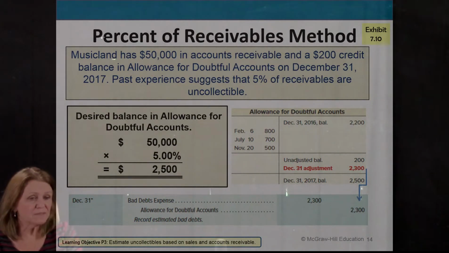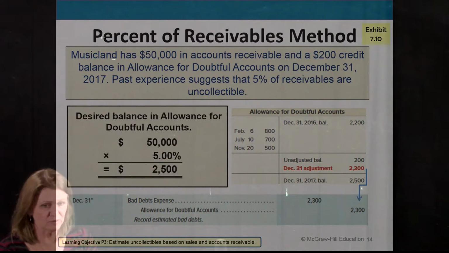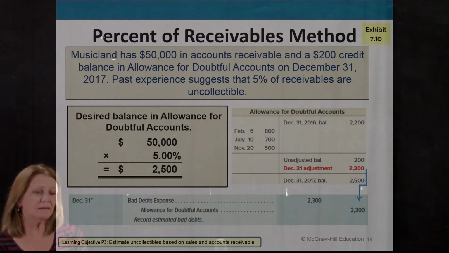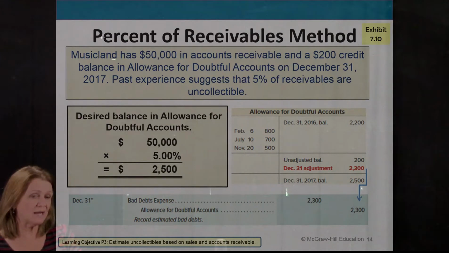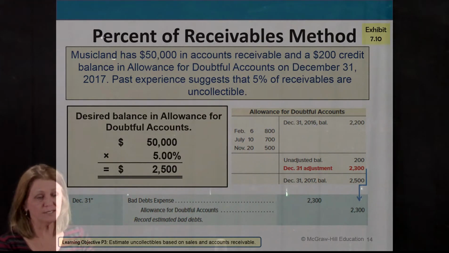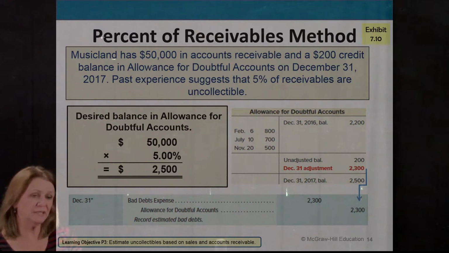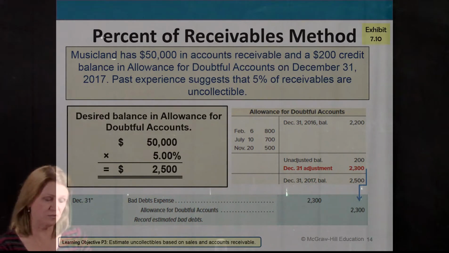So what happens is you take the unadjusted balance on the last day of the year. Here it's December 31st, 2017, and the unadjusted balance is $200. We know our desired balance is $2,500, so our December 31st adjustment is $2,300, because it brings our allowance for doubtful accounts up to $2,500.